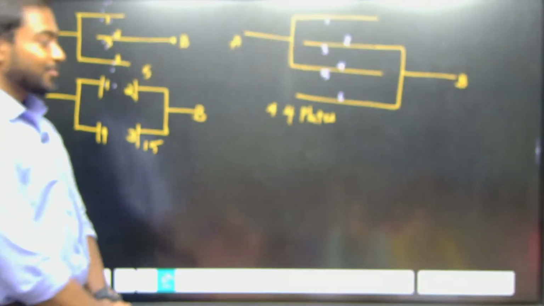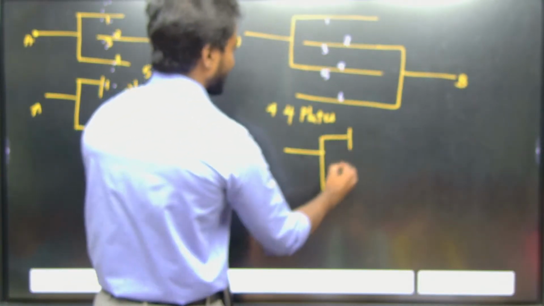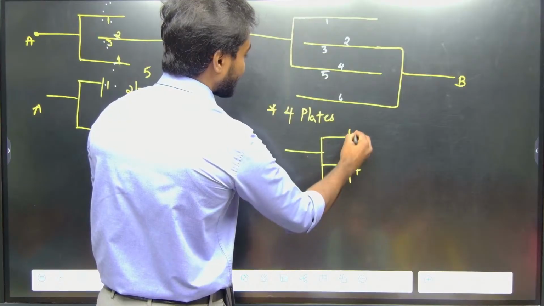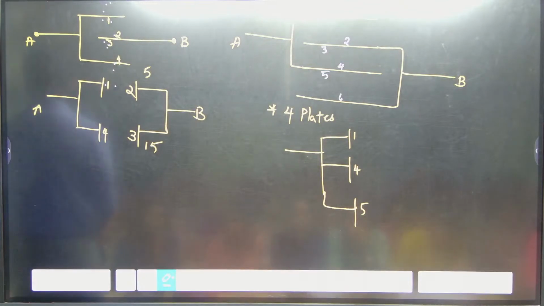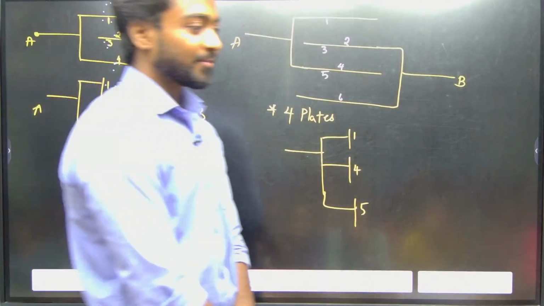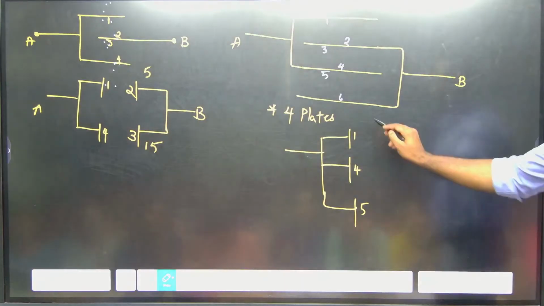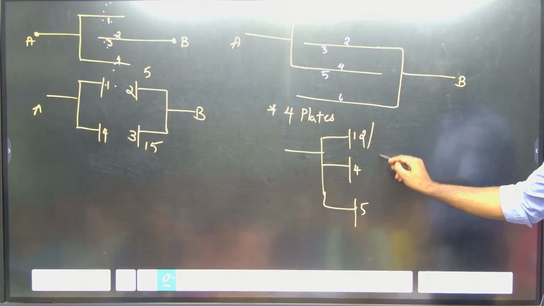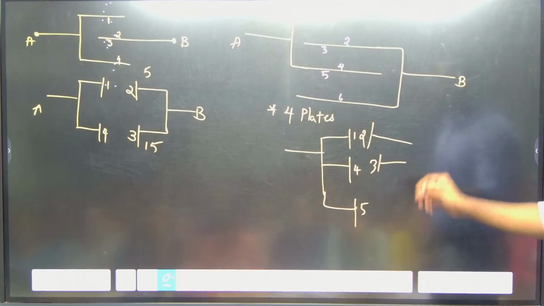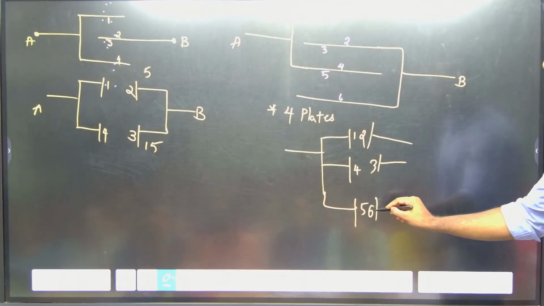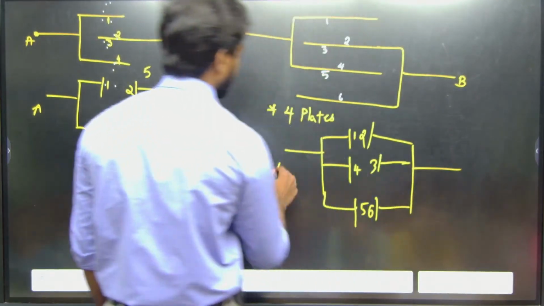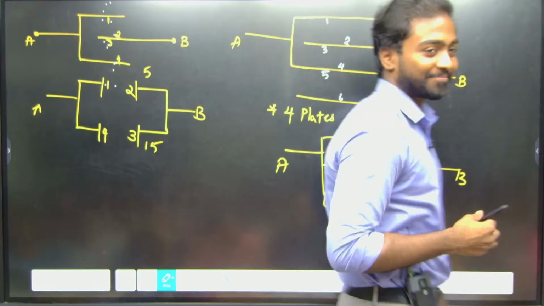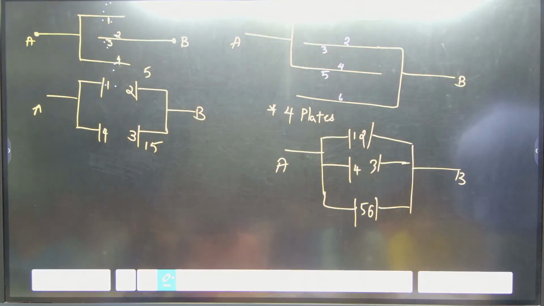Three will be there first, then 4, 5. Then find it for B. 2 is there, opposite of 3. So 6 is there. So connected with this, this is the answer. Getting? Understood now?